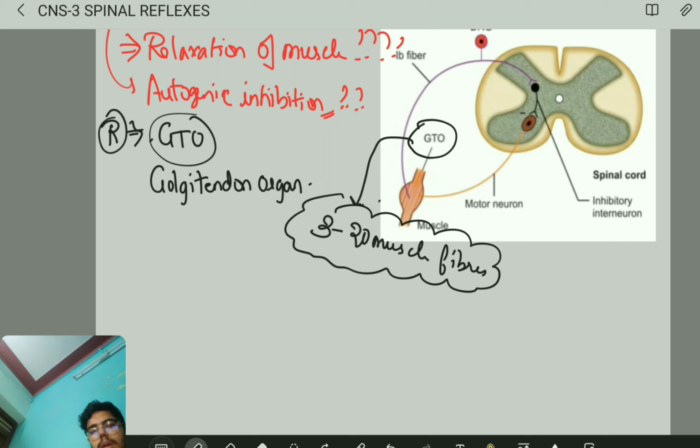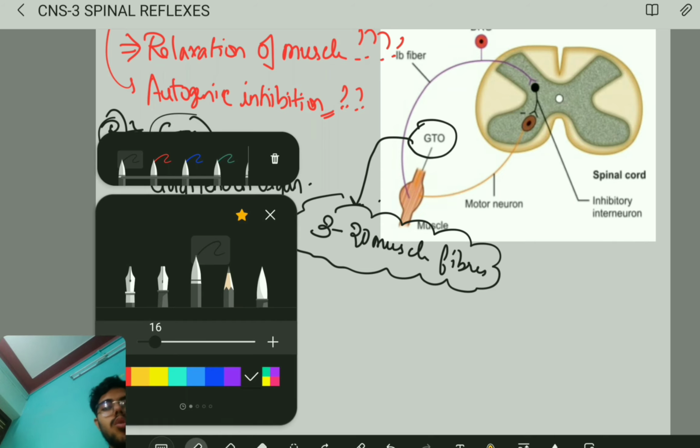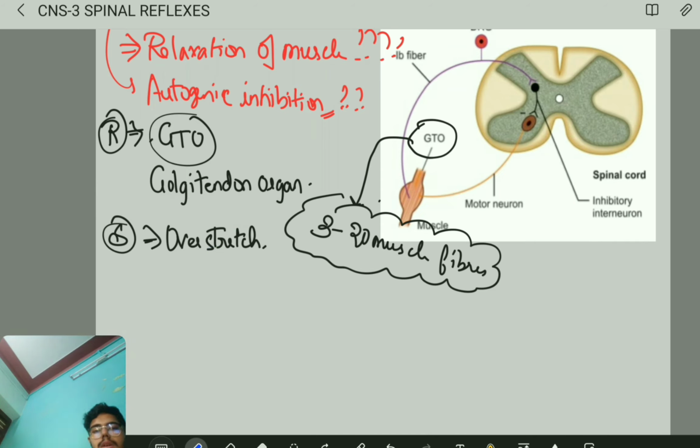Very important. Now, what is the stimulus of this particular inverse stretch reflex? The stimulus is overstretch. Stimulus is overstretch, receptor is GTO, Golgi tendon organ. Now what about the afferent? Afferent or sensory is group 1B afferents.